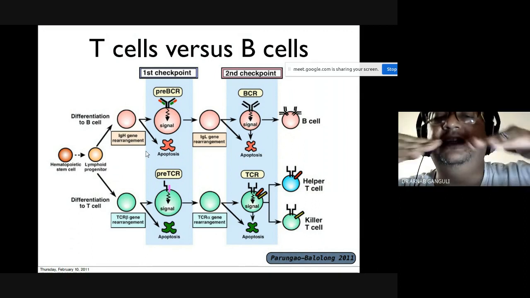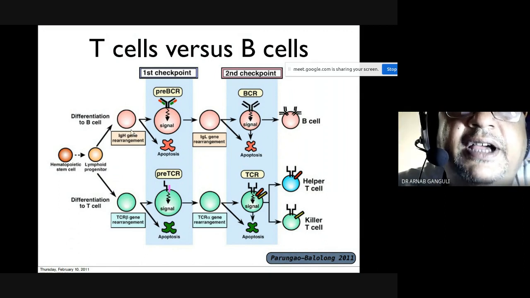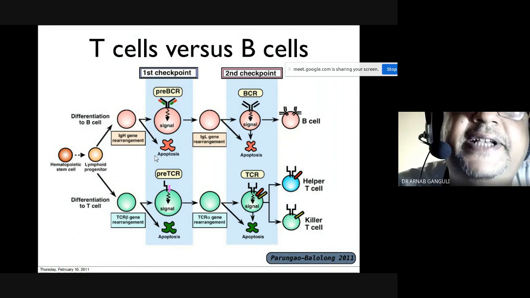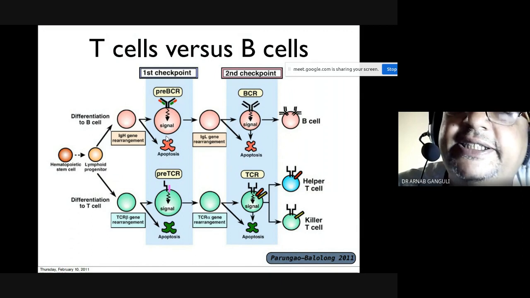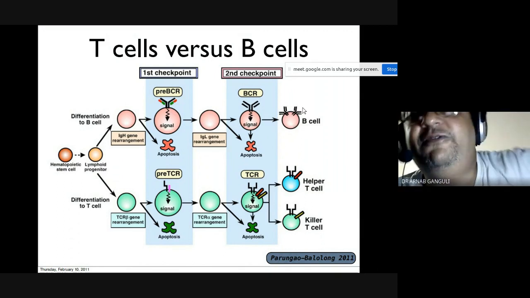IgH gene is the heavy chain, and VDJ recombination starts to take place. After this rearrangement, first you have the pre B cell, which has the pre B cell receptor. It is expressing an antibody on its membrane. If it doesn't express, if rearrangement doesn't go well, apoptosis takes place and it dies. Then the light chain rearrangement takes place, and at the second checkpoint, you have the complete B cell formed, and then a naive B cell will be formed.